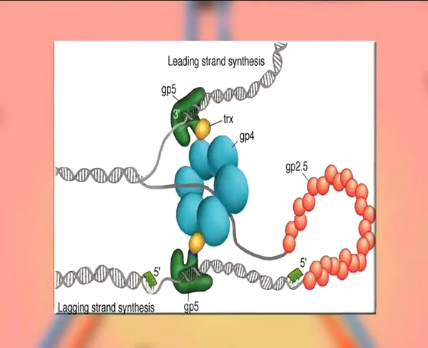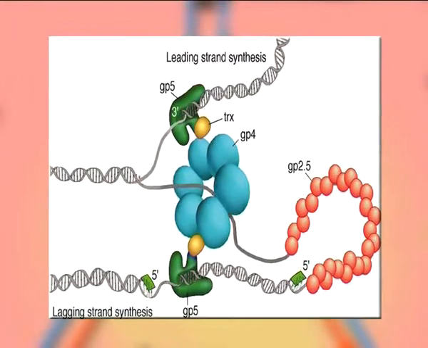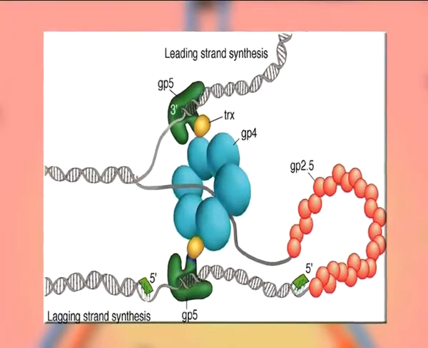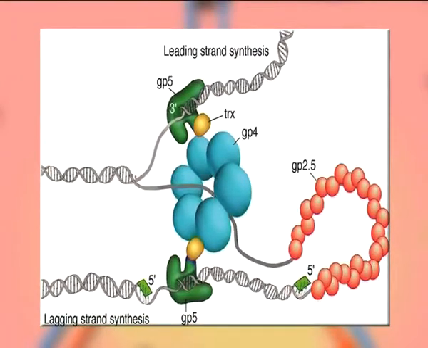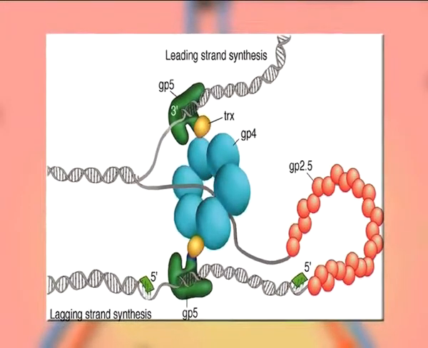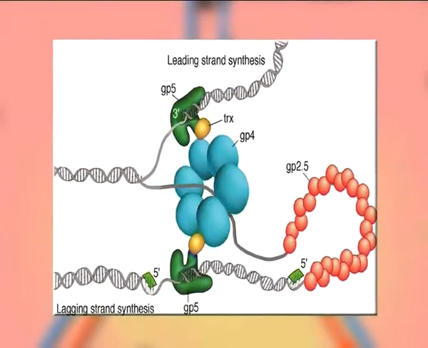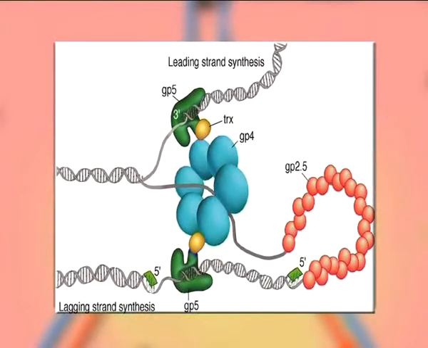The replisome contains the DNA polymerase III holoenzyme. One catalytic core replicates the leading strand. The second catalytic core replicates the lagging strand, and the primosome unwinds the parental DNA molecule and synthesizes the RNA primers needed for the discontinuous synthesis of the lagging strand.